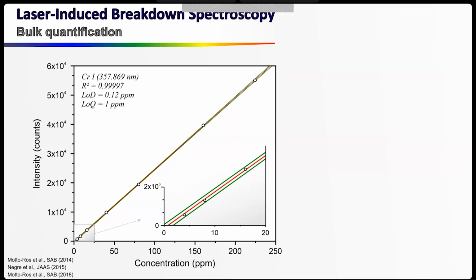I was recruited in 2008, and my first quest was to show that LIBS could be quantitative. So I worked for several years to demonstrate this type of curves that show perfect linearity with different samples, with concentration and so on, and that gives, yes, LIBS is quantitative.